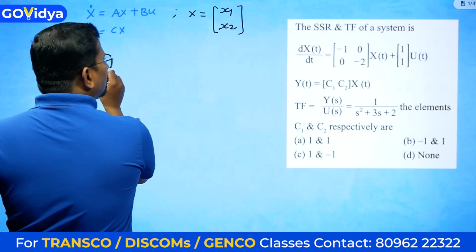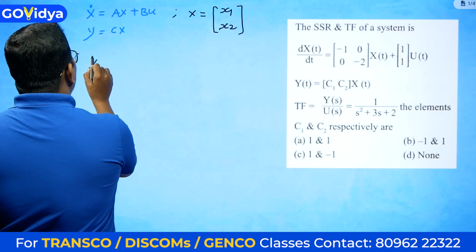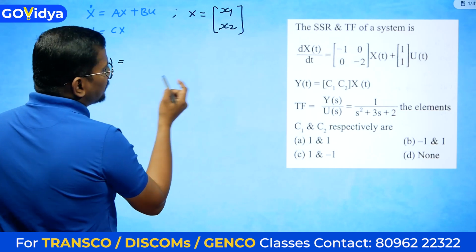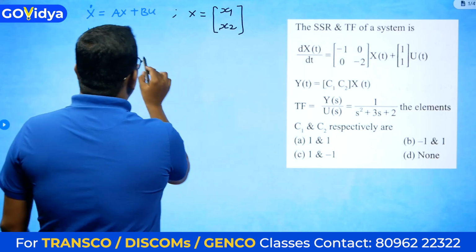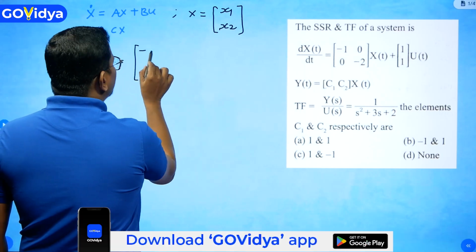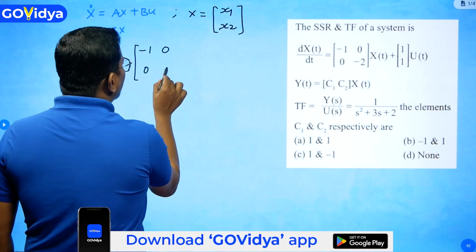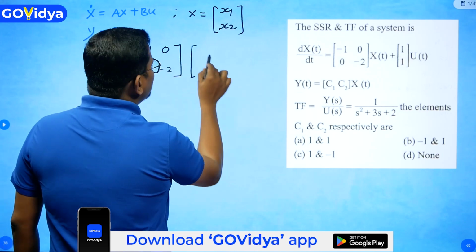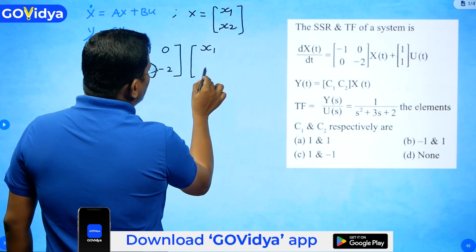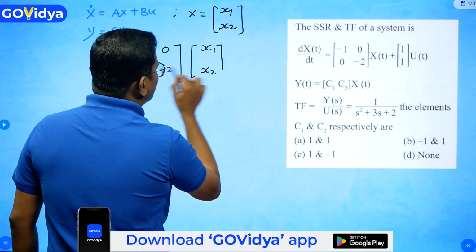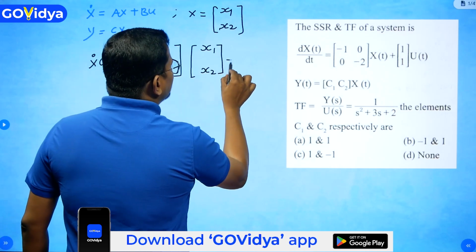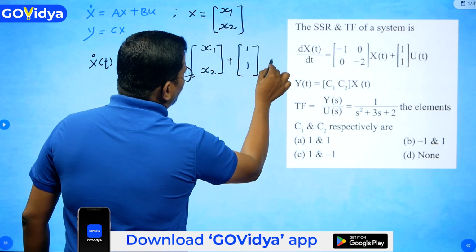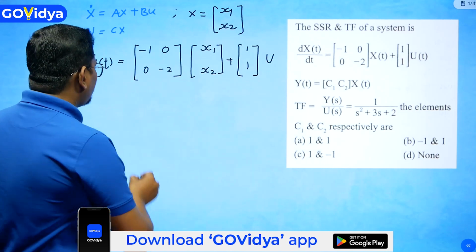Can I write, x dot of t is equal to, let me put this matrix as it is, minus 1, 0, 0, minus 2, into x1 and x2, plus this is B into u. Can we say that?